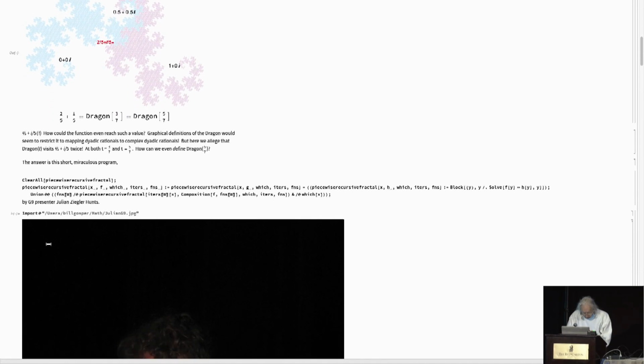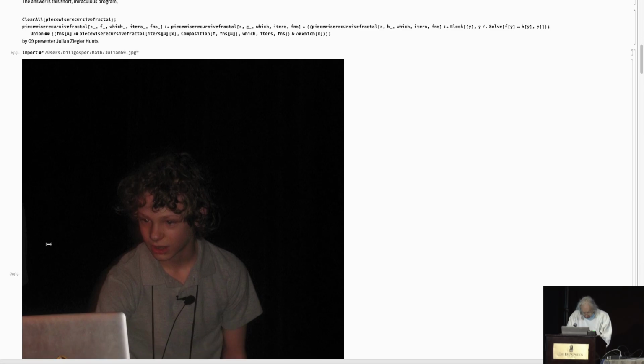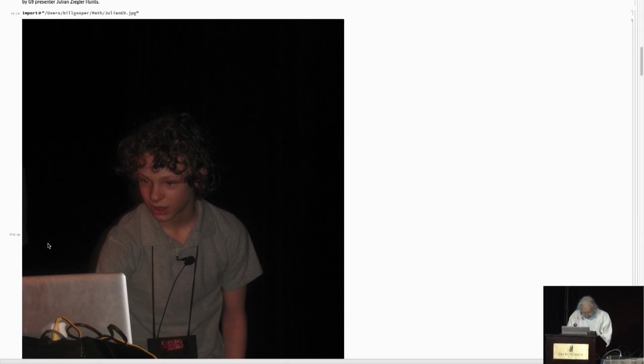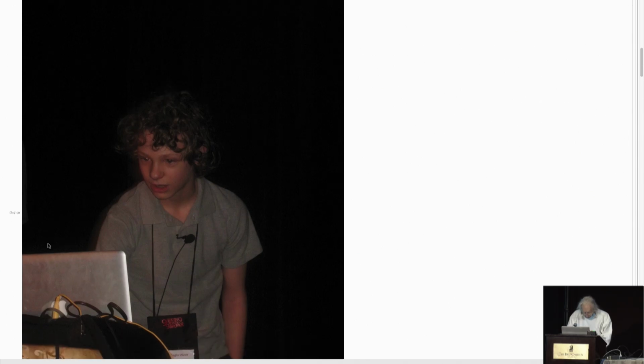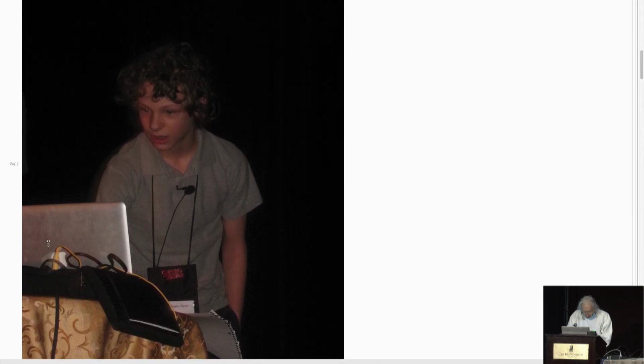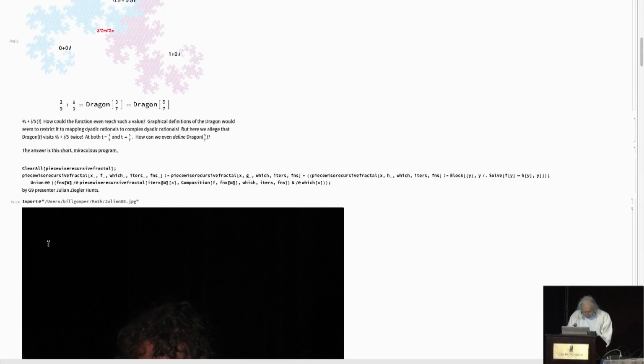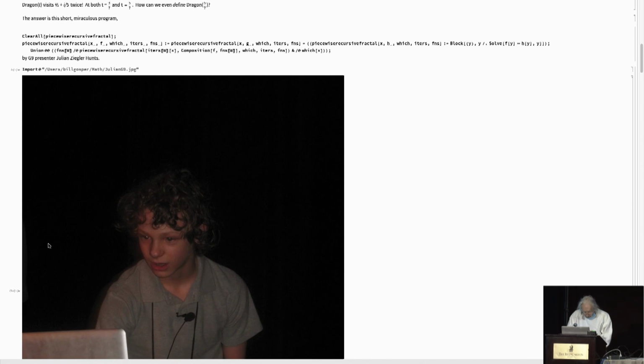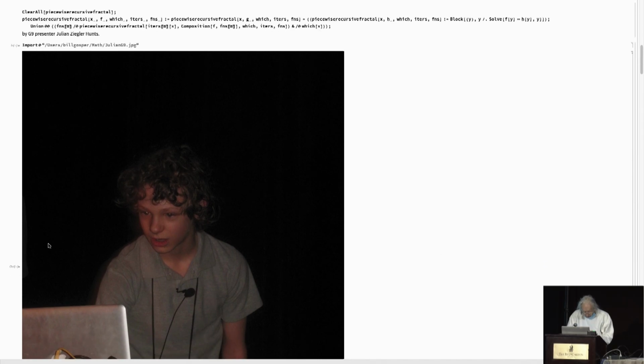We can do so because of this kid who was at G4G9, and his name is Julian Ziegler Hunts, and he's a freaking genius. He wrote a 6-line function called piecewise recursive fractal. It calls itself in 3 places, redefines itself twice, has no termination condition, and is the most inscrutable piece of code you would ever want to look at.